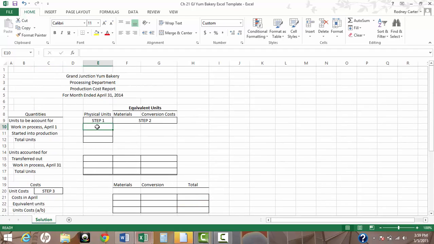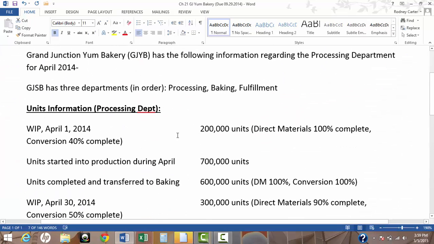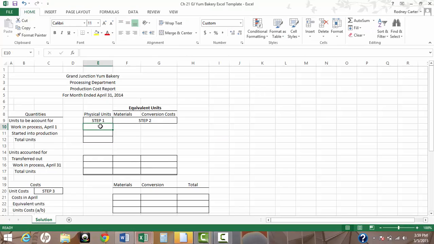So if we come back, we started the month with 200,000 units, and we introduced 700,000 new units. So here in step 1, we're just accounting for the actual units that are in play. You'll notice that we have 900,000 units.